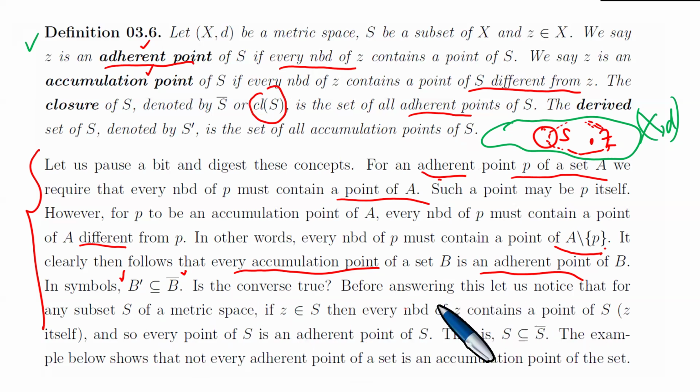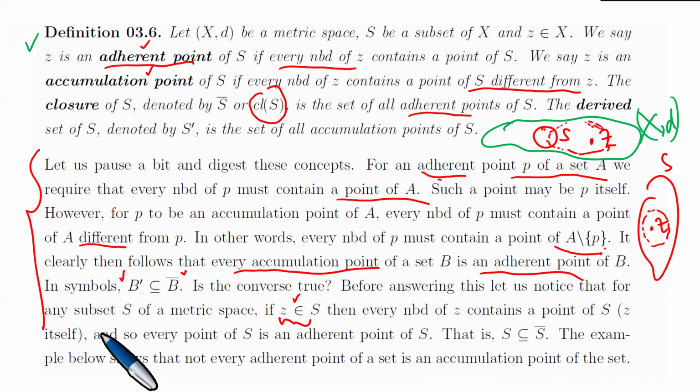Before answering this, let us note that for any subset S of a metric space, if we take Z to be an element of S, then every neighborhood of Z contains a point of S. Because Z is in S, you take a point Z inside S, and every neighborhood of Z contains a point of S, namely Z itself.